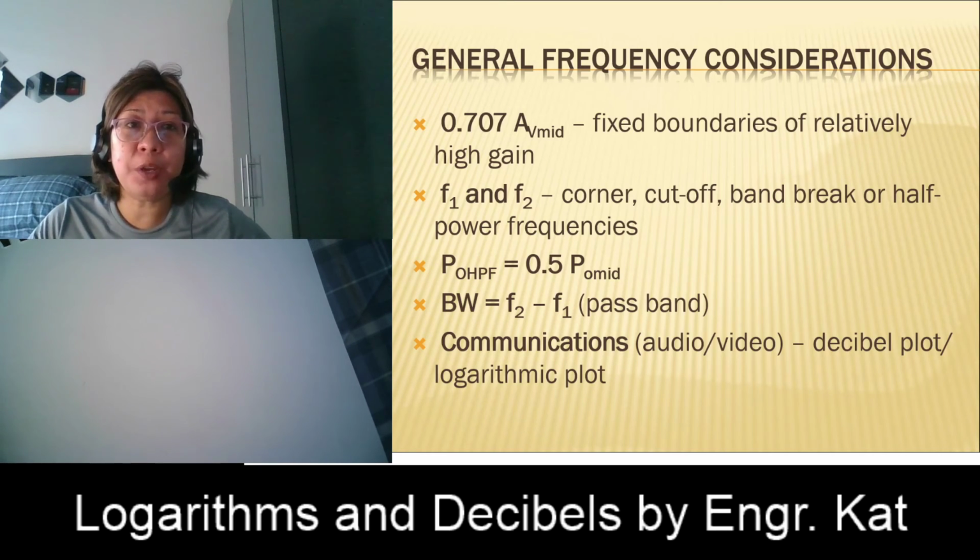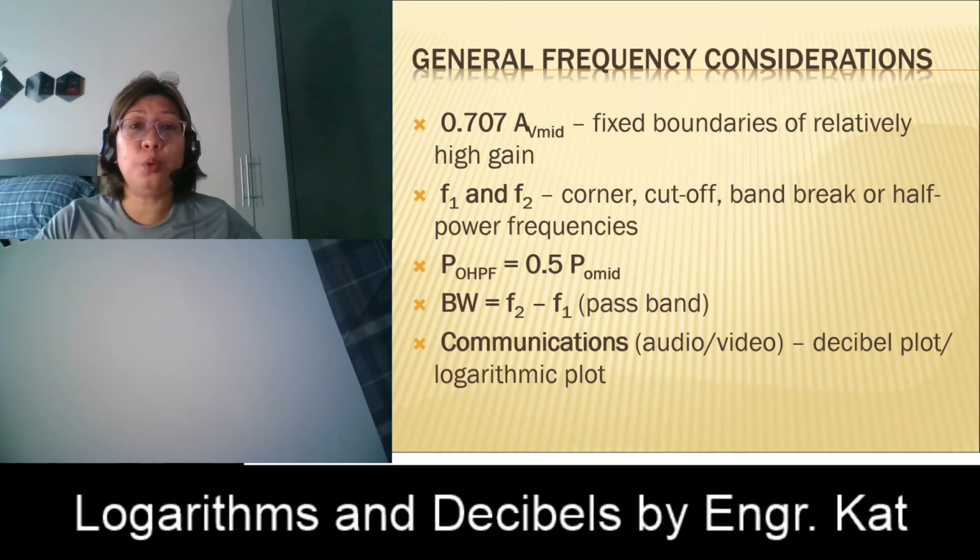They are half power frequencies because your output at these frequencies is equivalent to 0.5 of your power at the output at midband. Your bandwidth is equivalent to F2 minus F1. So this is your pass band. Within that, you're operating at a maximum voltage gain. Usually these are used in communications, both audio and video.